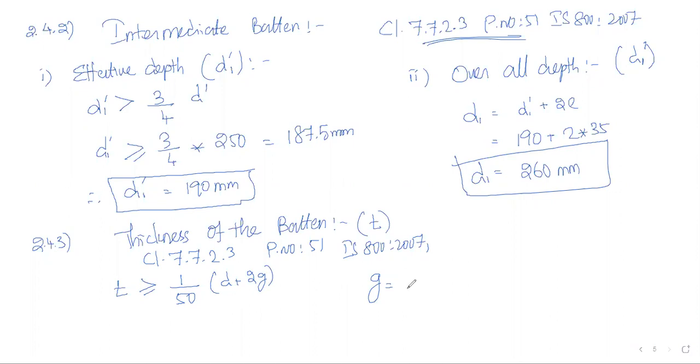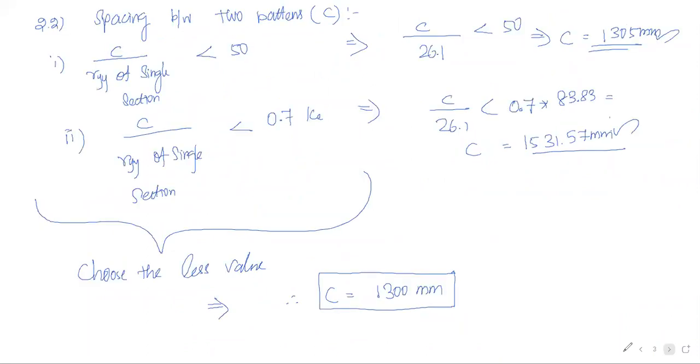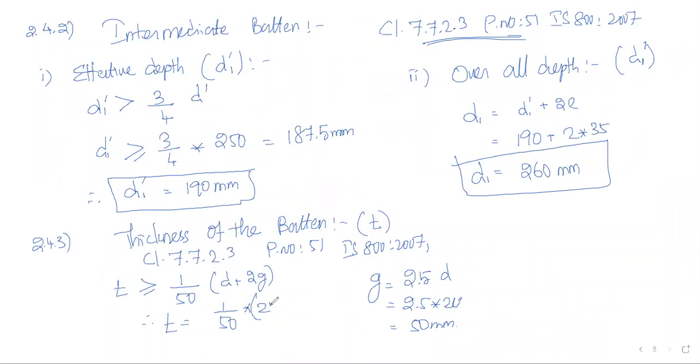Assume the gauge distance, normally we take as 2.5 times D. So 2.5 into the dia we have assumed, 20, becomes 50 mm. Therefore T is equal to 1 by 50 into the D value we have selected, 200 mm, plus 2 into 50, which is 100.